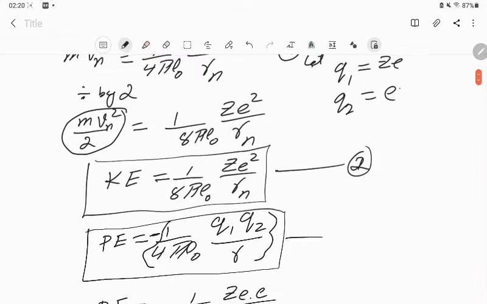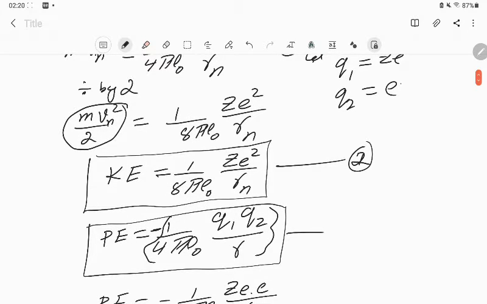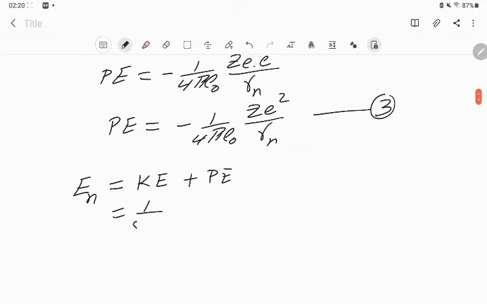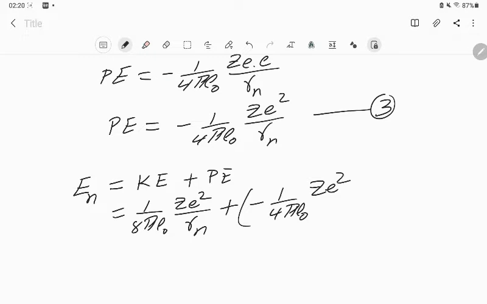So this is the kinetic energy, right? 1 by 8 pi epsilon naught Ze square by r_n, plus potential energy is minus 1 by 4 pi epsilon naught Ze square by r_n.